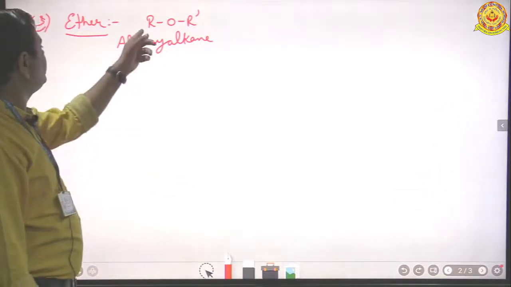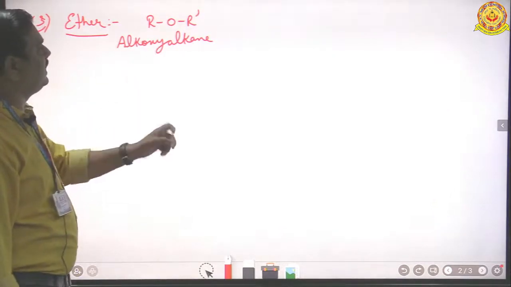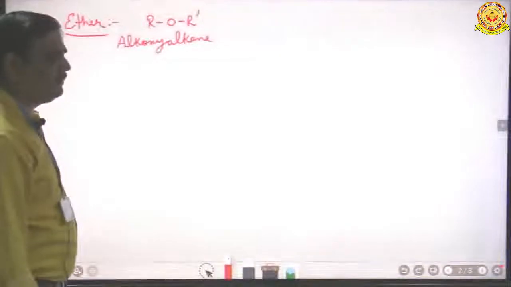Alkoxyalkane. The smaller alkyl group will be named as alkoxy and the larger alkyl group will be named as alkane. If both groups are the same, then either can be written as alkoxy and alkane. Okay.